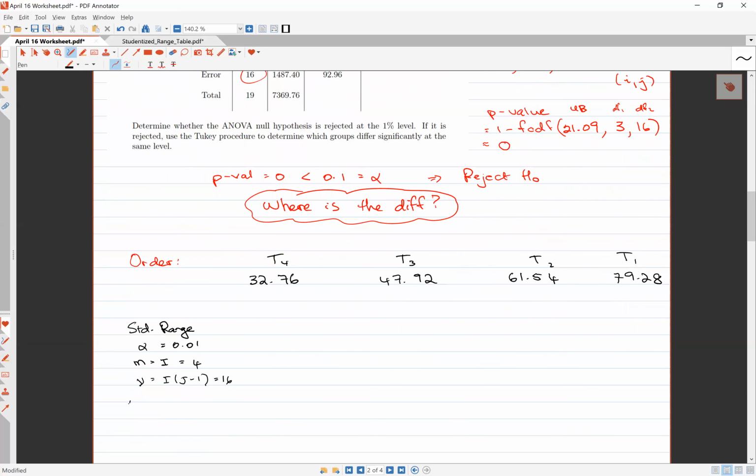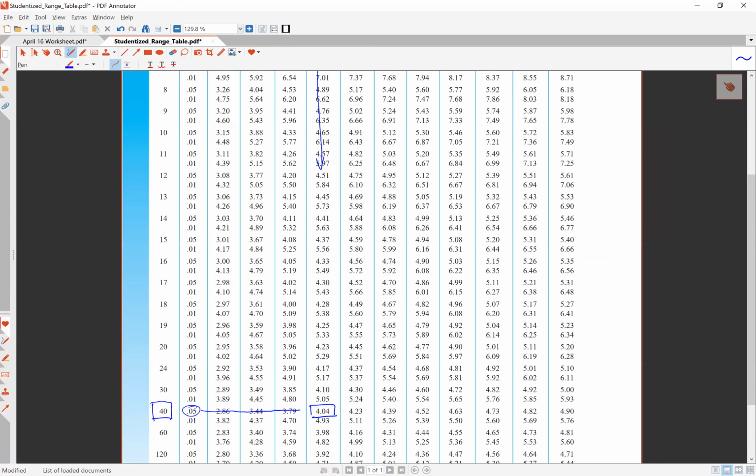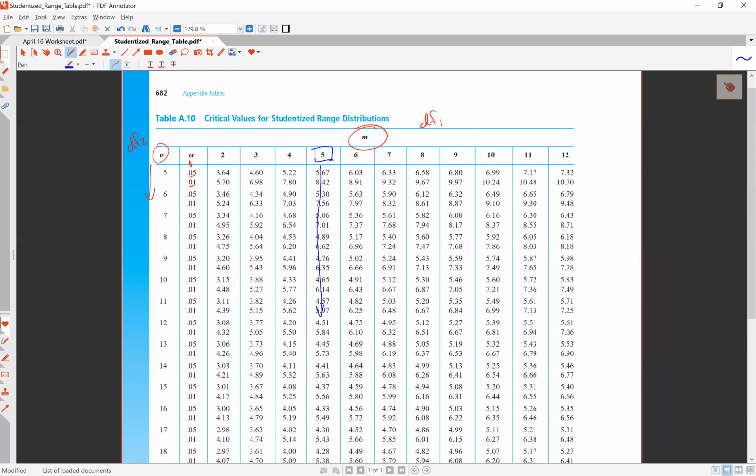So this gives us the ability to look up the appropriate Q value. Flipping over to my table, in this case, let me use a different color. 4 degrees of freedom and 16 degrees of freedom at the 1% level.